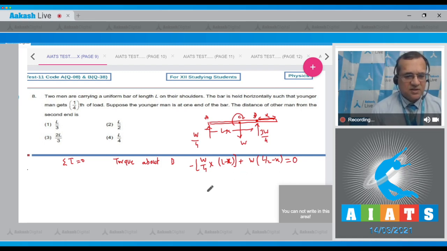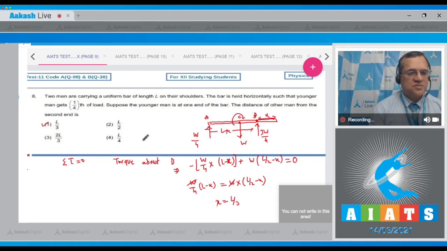So solve: W by 4 into L minus X is equal to W into L by 2 minus X. W cancels, then X comes to be L by 3. So this distance is L by 3. Therefore the correct option is option number 1.